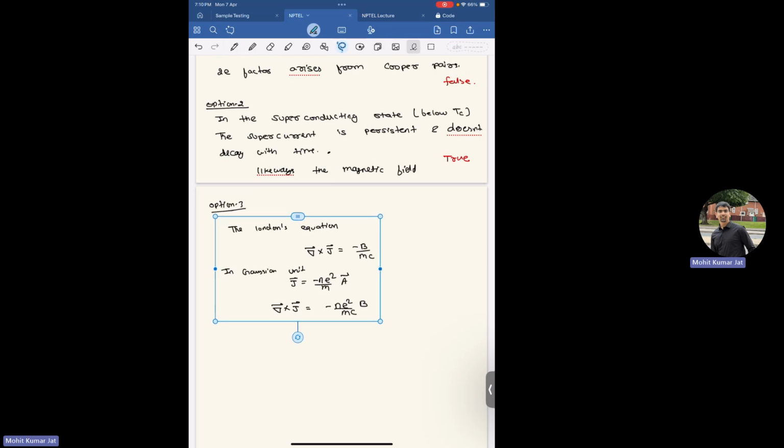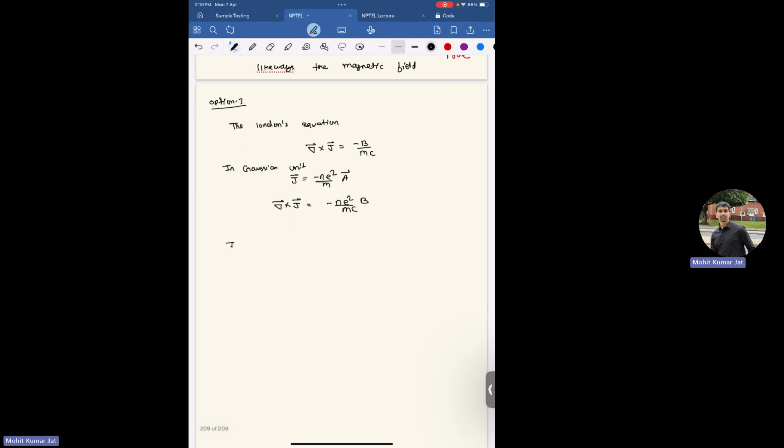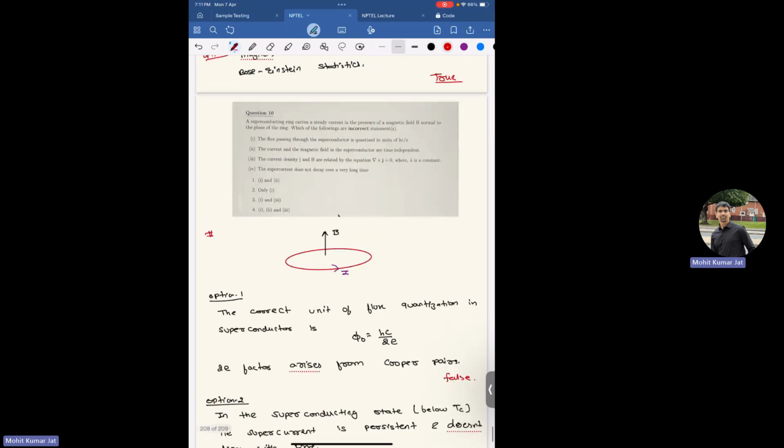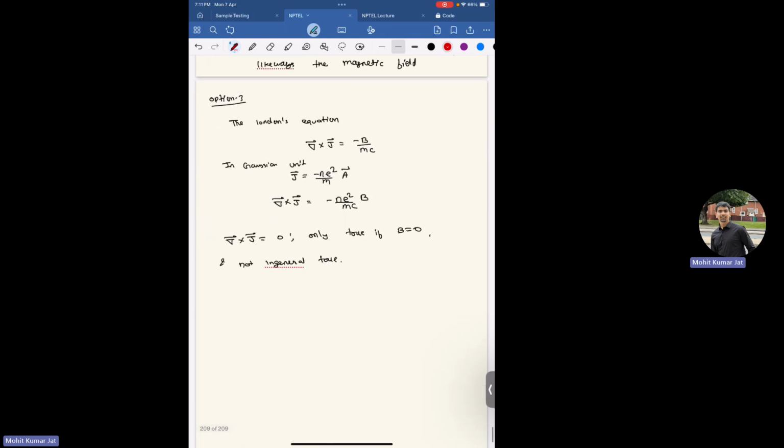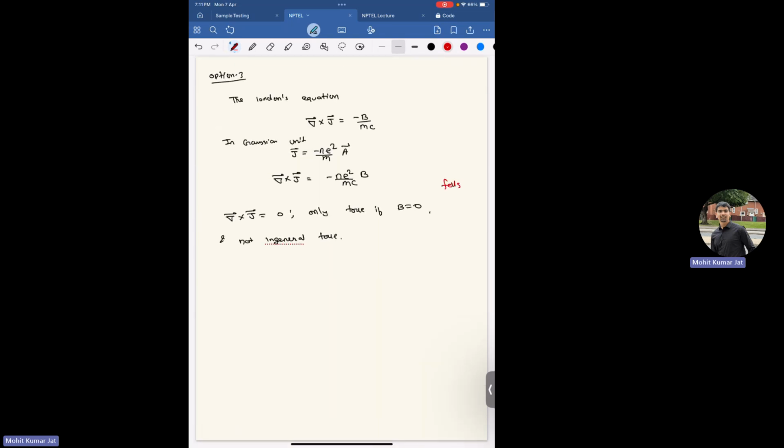So curl of J is equal to 0 only if B is equal to 0. So this is false and not in general true. This makes the option number 3 statement false because it says that it is always true.